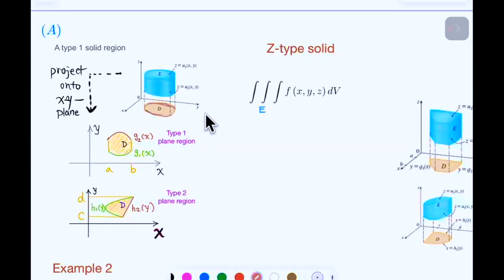Now, depending on what type of plane region D is, we will set up the integral accordingly.